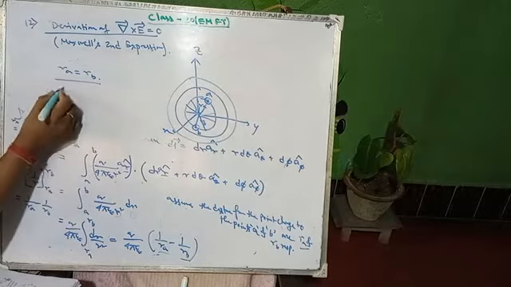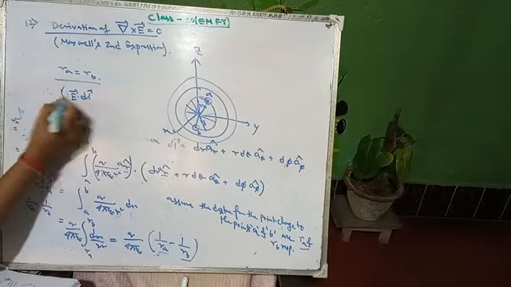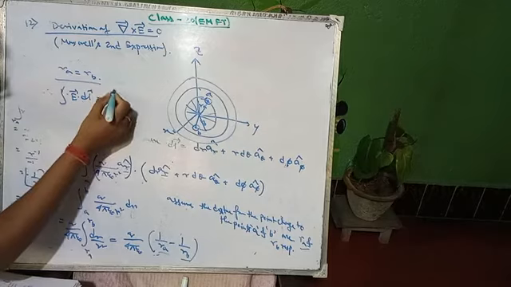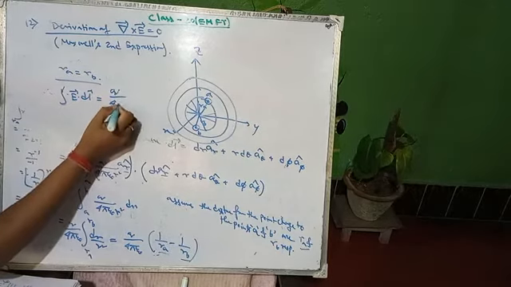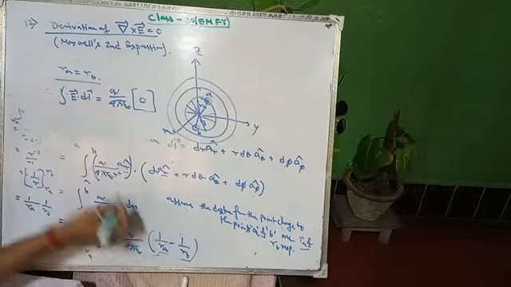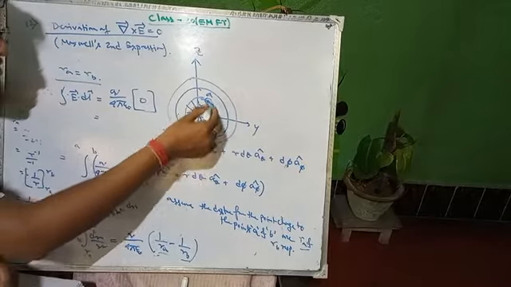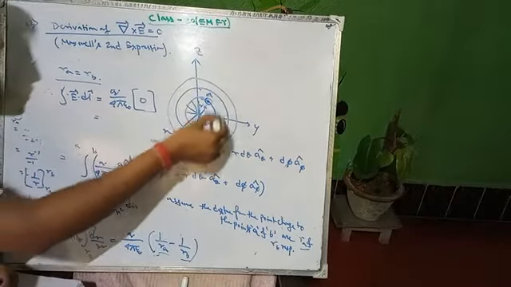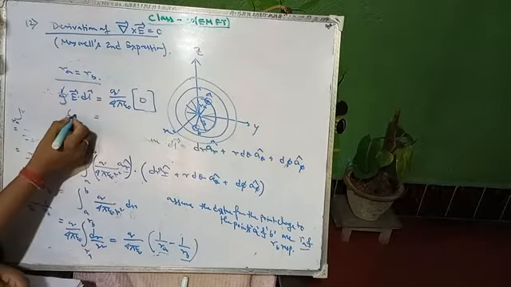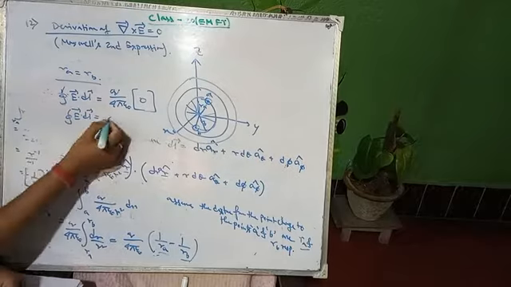So the closed line integral of E dot dl equals Q by 4 pi epsilon naught into 1 by RA minus 1 by RB, which will be 0 because RA equals RB. If we integrate from here to here, it forms a closed line, so that's why we put the closed line integral. So the closed line integral of E dot dl for an electrostatic field becomes 0.